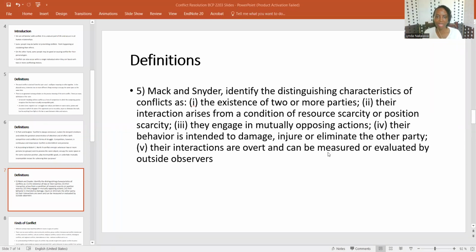Finally, Mark and Snyder, they talk about conflict. They don't really give us a definition of conflict, but they identify distinguishing characteristics of conflicts. One, that they exist between two or more parties. Two, that the interaction arises from a condition of resource scarcity.